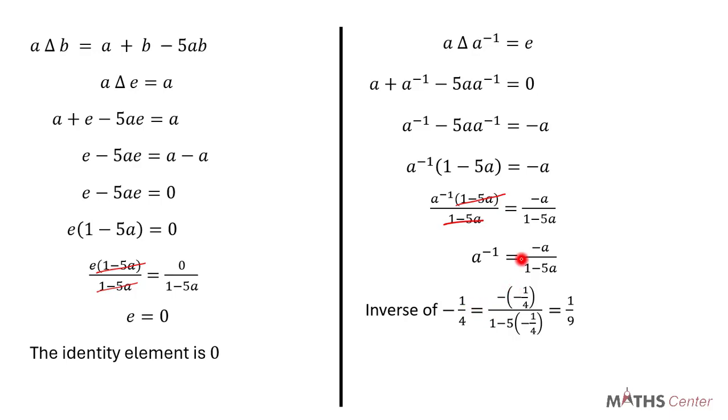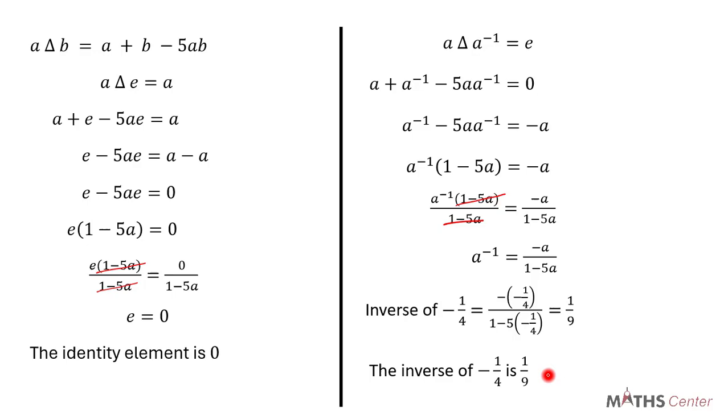So on the numerator we have minus negative 1 divided by 4, divided by, on the denominator we have 1 minus 5 times negative 1 divided by 4, and this gives us 1 divided by 9. So under this binary operation, the inverse of negative 1 divided by 4 is 1 divided by 9.